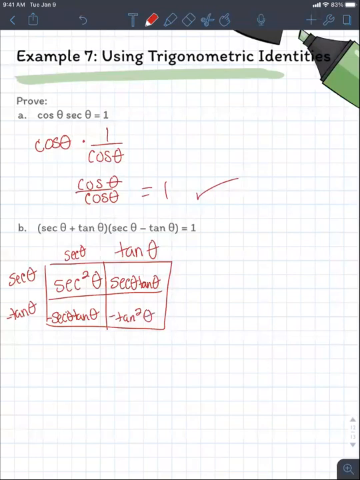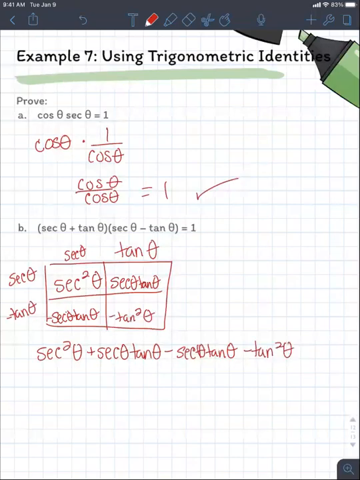If we write all of that out, we have secant squared theta plus secant tangent minus secant tangent minus tangent squared theta. The two middle terms are opposites of one another, so they cancel each other out.